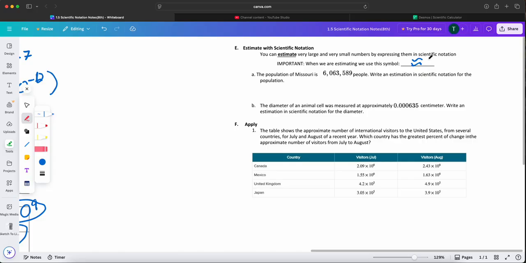So here it says the population of Missouri is 6,063,589 people. Write an estimate in scientific notation for the population. If I look at this number, that is very close to 6 million, so that's what I would round it to. I would say, okay, this is about 6 million people.